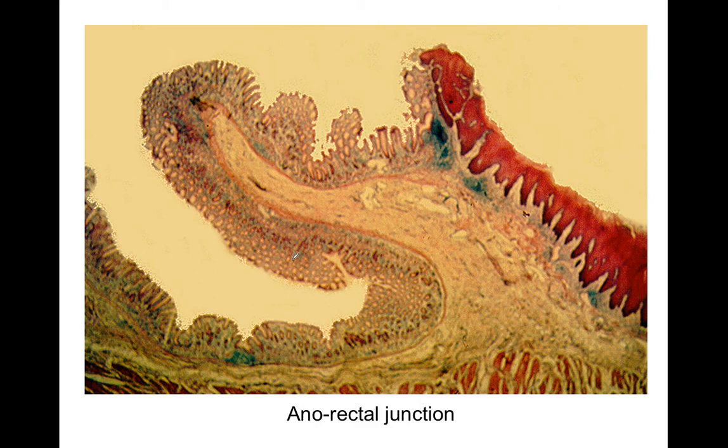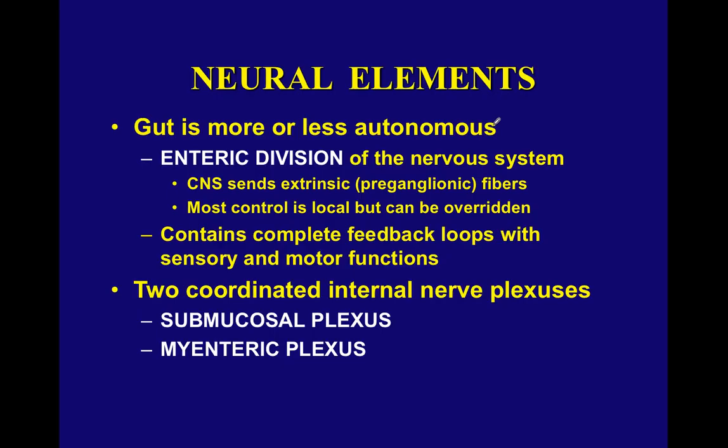As you can see here, this is the rectoanal junction. This is the area of the anus, and this is the area of the rectum. You can see here the anal columns. Between the columns, we have the sinuses. The epithelium changes from simple columnar into stratified cuboidal, columnar, then non-keratinized stratified, then keratinized stratified squamous epithelium.